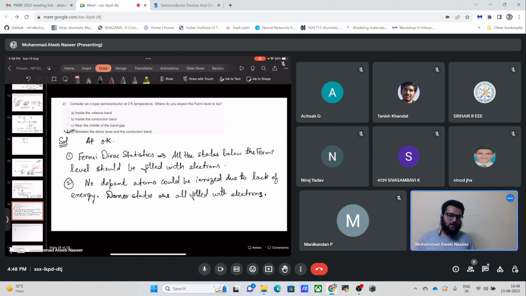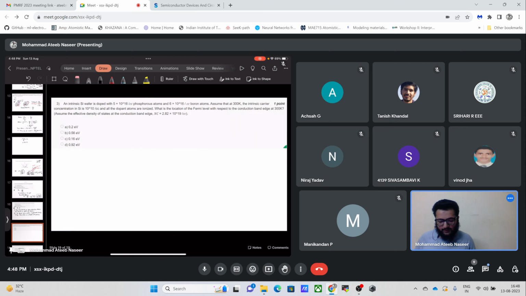It means that the states above the Fermi level should be empty. As a result, this Fermi level will lie above this donor level, and it will lie below this conduction level. So thank you for this explanation, and thank you for answering the question.